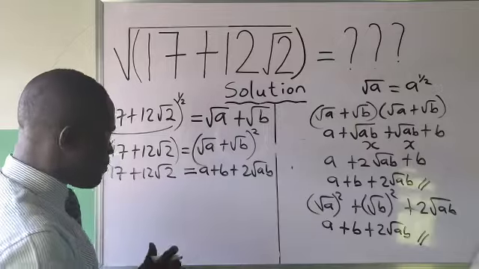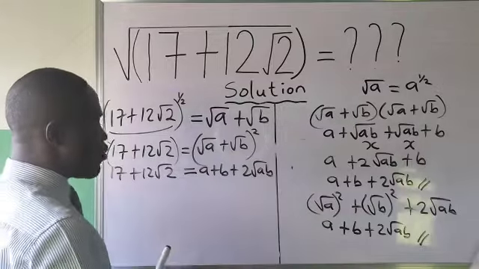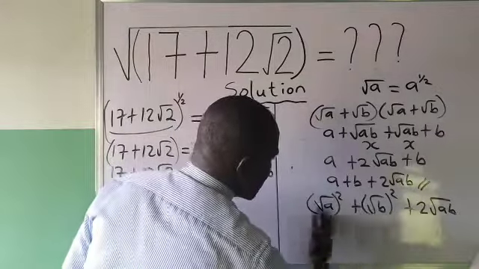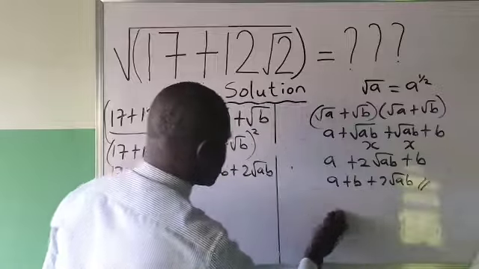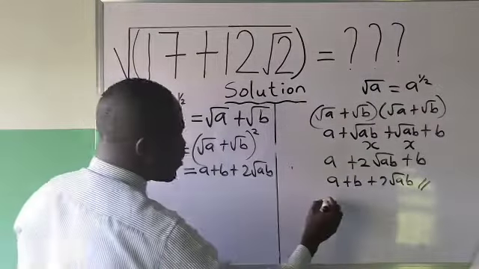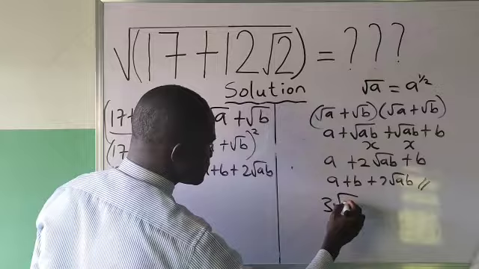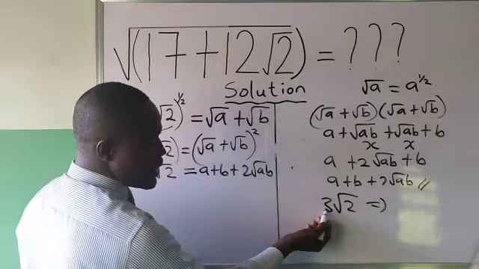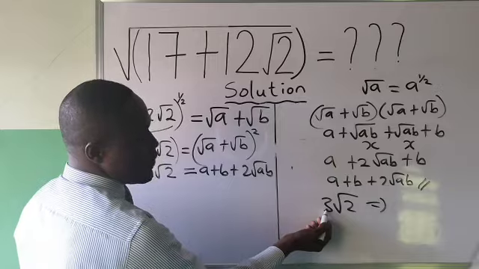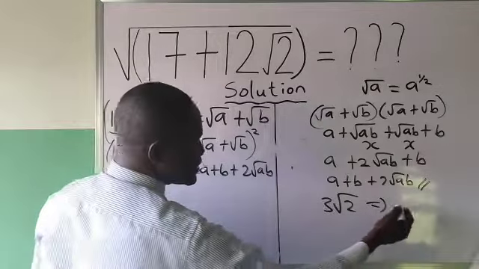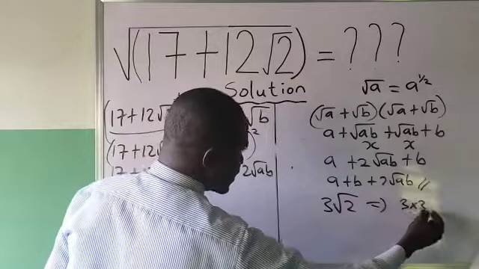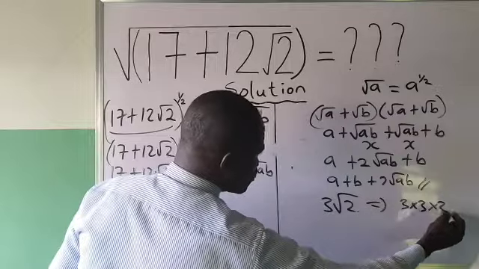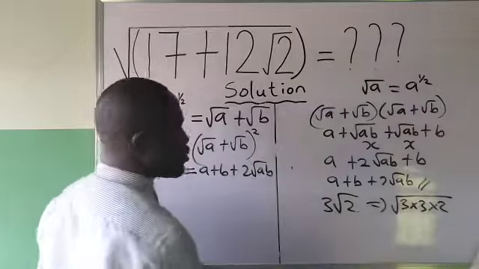Another law we need to remind ourselves of is that whenever you have something like this, it simply means that number there multiplied by itself: 3 times 3, then times 2, we put it inside the square root.